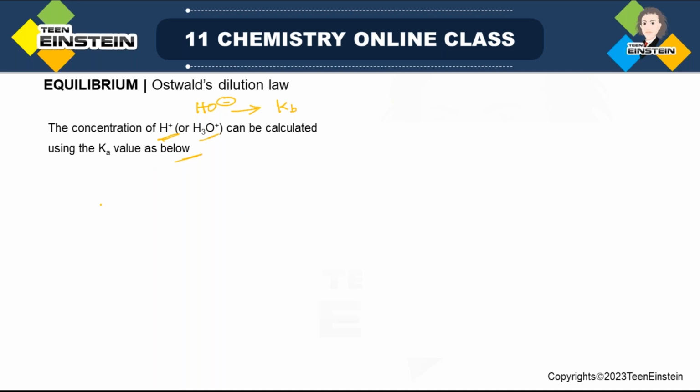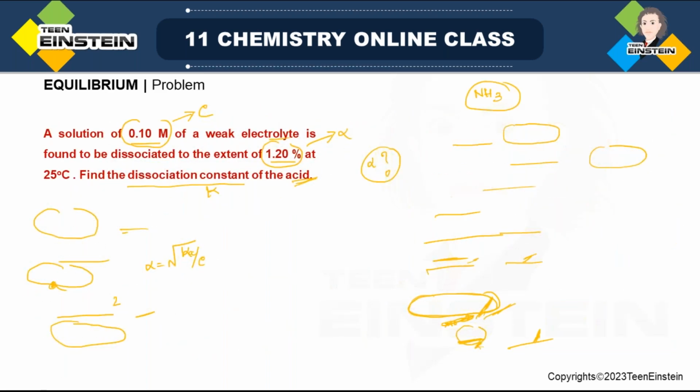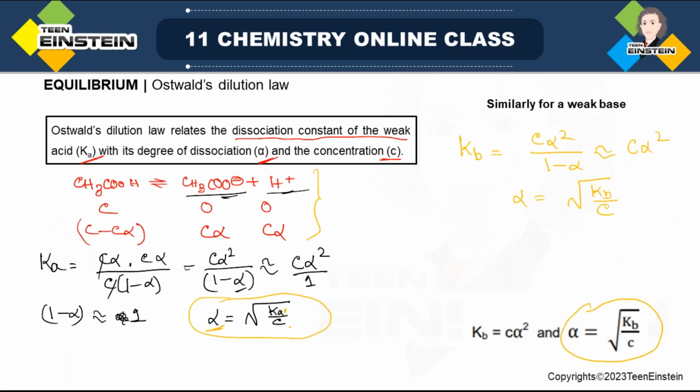Remember the expression Ka is equal to C alpha square divided by 1 minus alpha. I'm just going back to the slide. In this slide, initially C is the number of moles of CH3COOH present in 1 liter, and these two are 0.